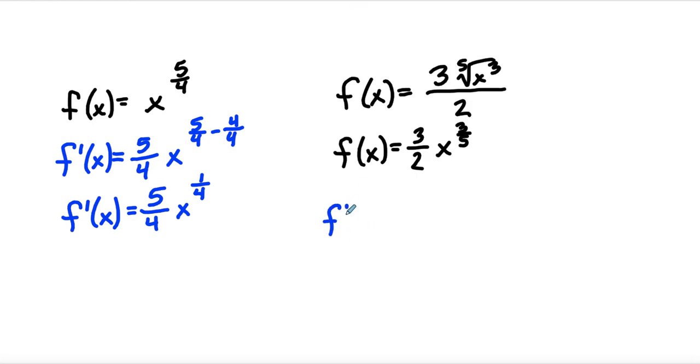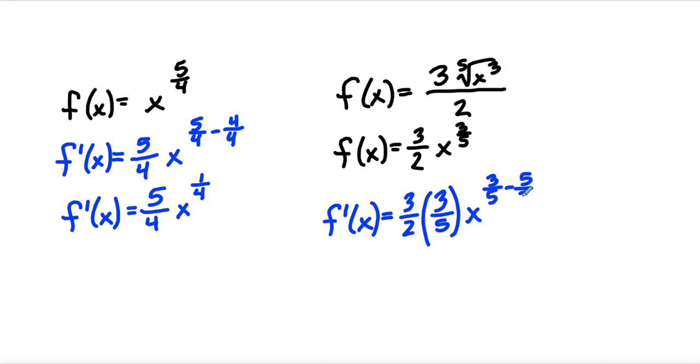So what I'm going to do here is I'm going to bring the 3 over 2 down front. And that's going to give me 3 over 5. And then we're going to have 3/5 minus 1. And so I can just think of this as 3/5 minus whatever that denominator is. It's going to be that number, right? So it's 3/5 minus 5 over 5. Okay, so now remember with fractions, if you want to multiply two fractions, you just multiply the numbers right across.